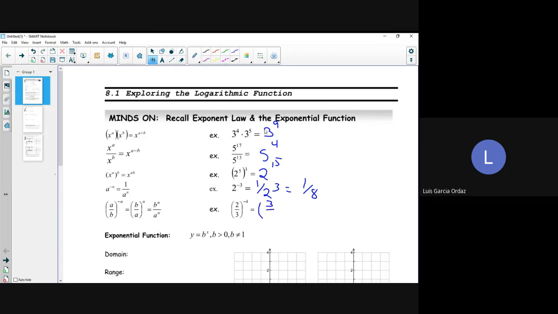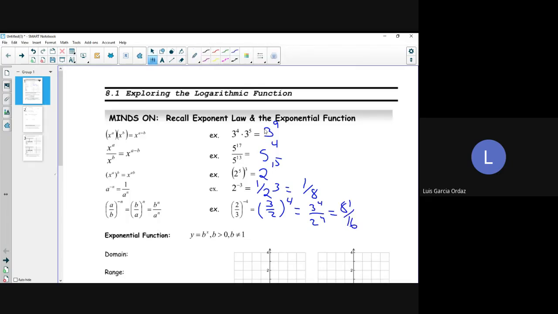So we get 3 over 2 to the power of 4. And what does that give us? So we get 3 to the 4 over 2 to the 4. And what are our values for 3 to the 4 and 2 to the 4? We get 81 over 16.